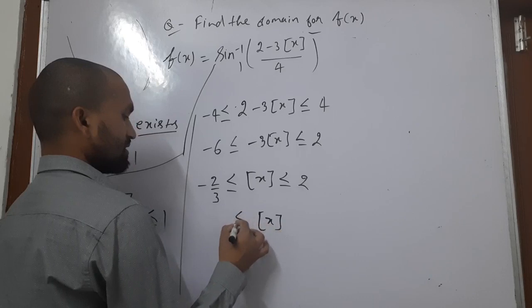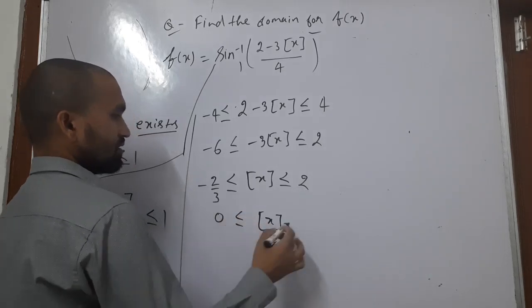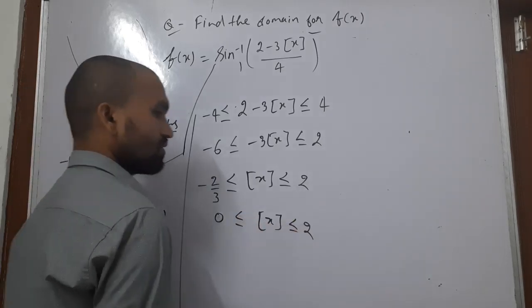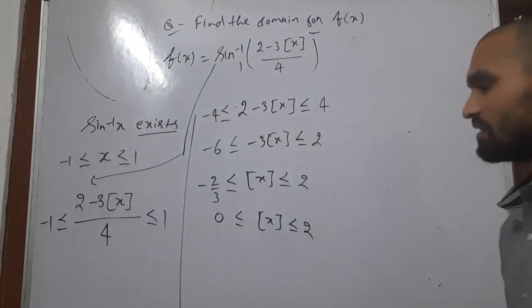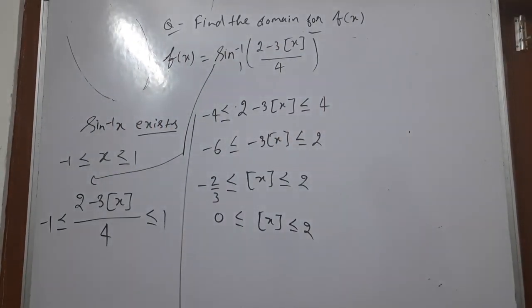The greatest integer should be greater than or equal to 0 and less than or equal to 2. What are the possible values of x for which the greatest integer x is greater than or equal to 0 and less than or equal to 2? What are the possible values?